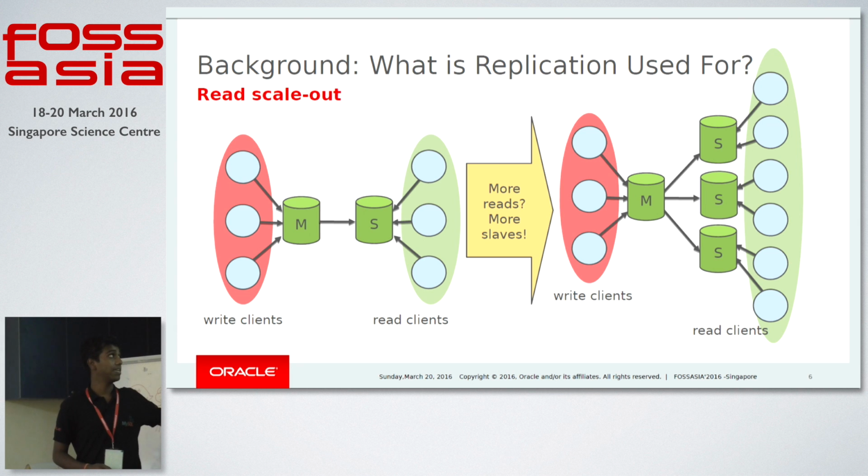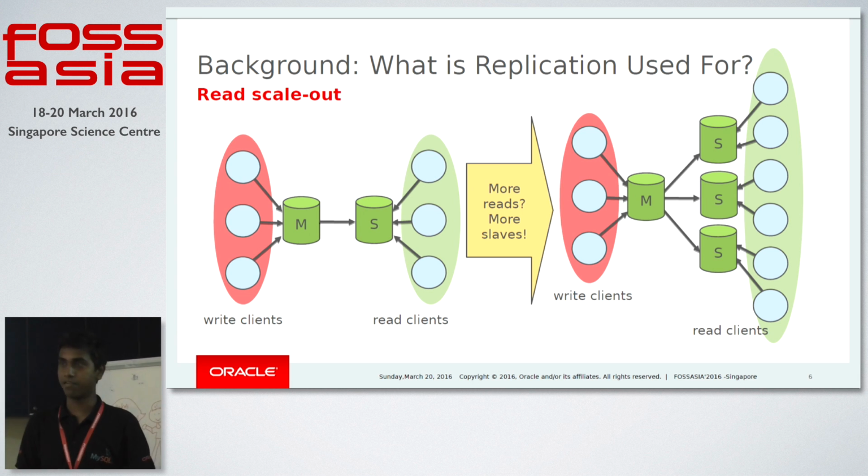So traditionally, MySQL replication has been following the primary backup approach, wherein we write the data on the master. We write it into a log file, which is the binary log file. We ship the data to the slave, where it is applied onto the slave, and this process is asynchronous in nature. So we write on the master, we commit back to the client saying that the transaction is applied, and in the background we send the data to the slave.